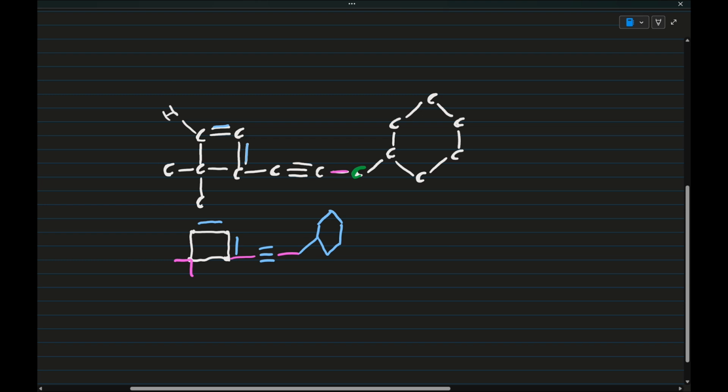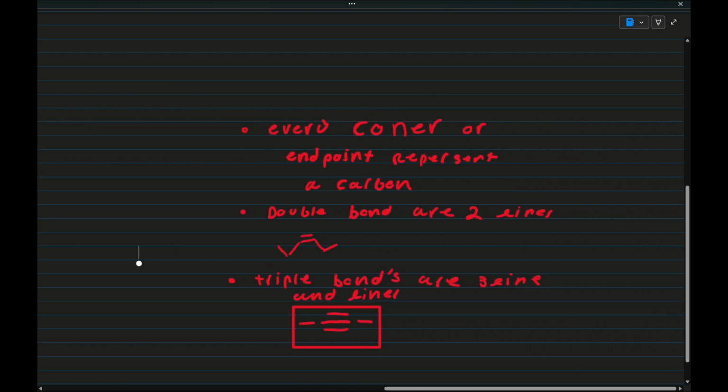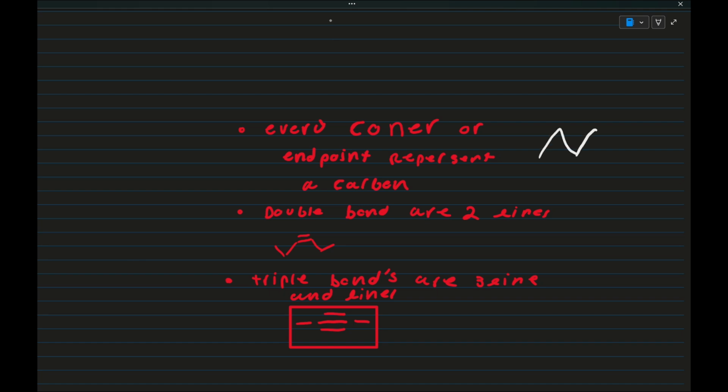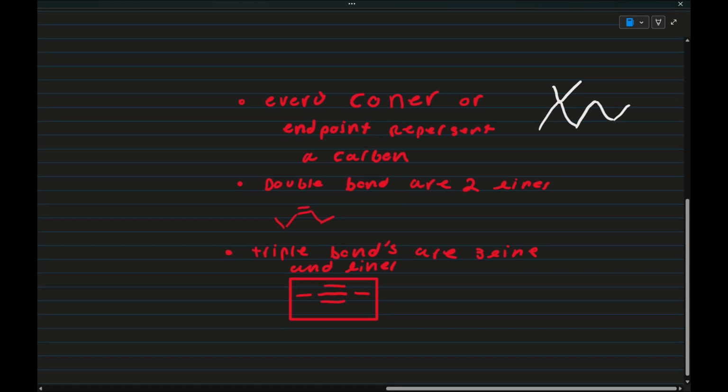So now let me just recap some of the rules. We must remember that every corner or endpoint represents a carbon. So for example, boom, boom. This will have 3 carbons, 4 carbons, 5 carbons, 6 carbons, 7 carbons, 8 carbons, etc. The next one, double bonds are represented by 2 lines.